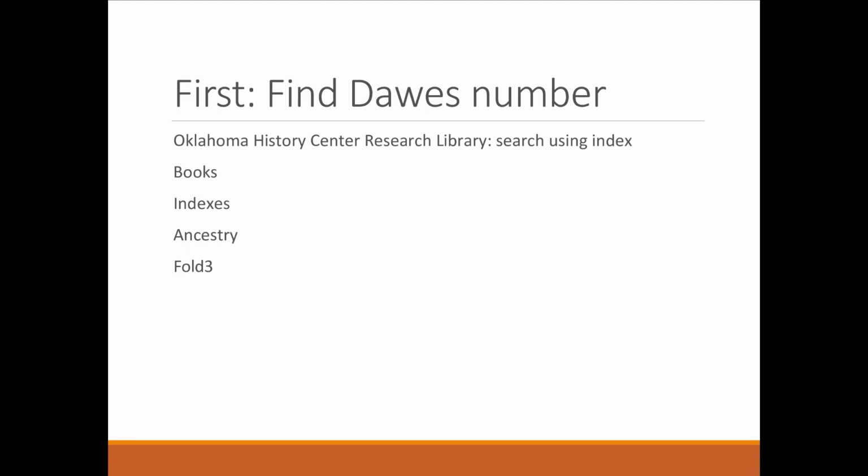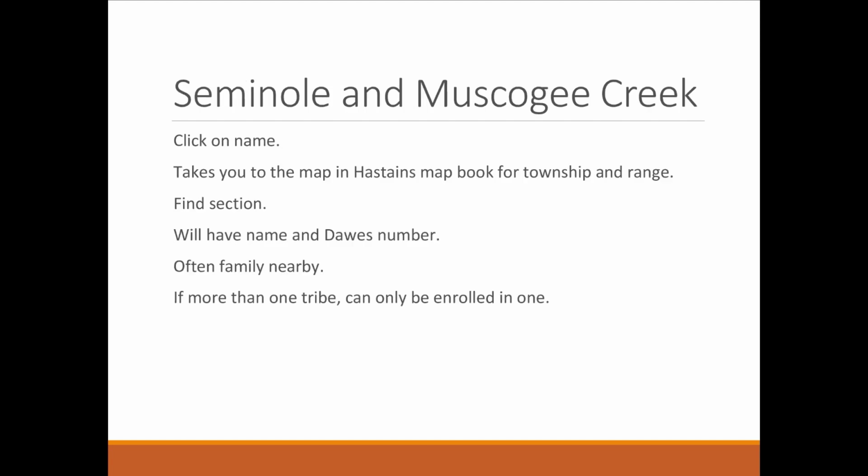Ancestry and Fold3 are commercial sites, and you can pay to get access to them, but lots of larger libraries have them, and you can use them free of charge at the Oklahoma History Center Research Library. And plus, if you come here, you get the help of the talented staff who can help you find those allotments. And they have books too that you can use while you're here.